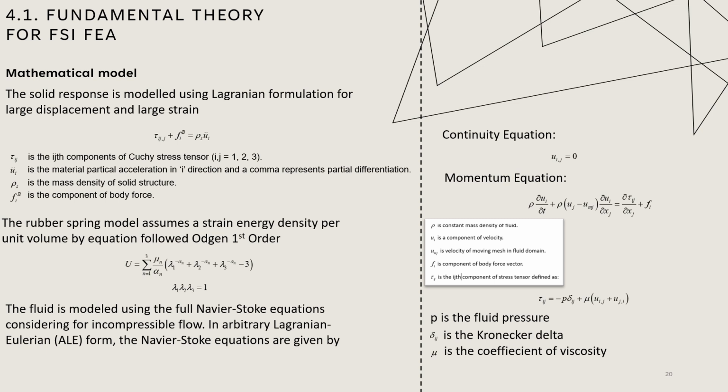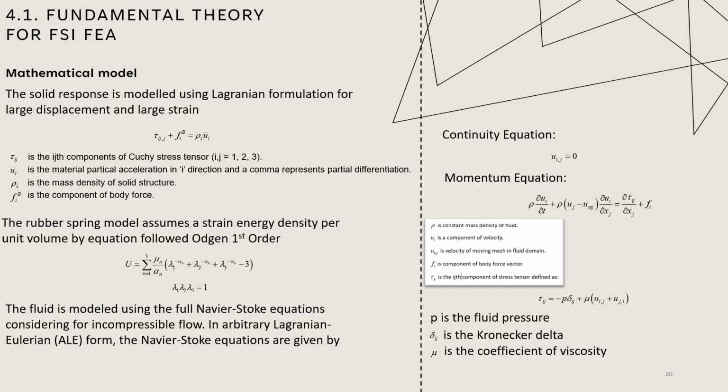From that you get all the parameters in the function, and from those parameters you fit the function that represents your hyperelastic material, and then you can use those parameters and leverage them in ANSYS to set up your material property properly.